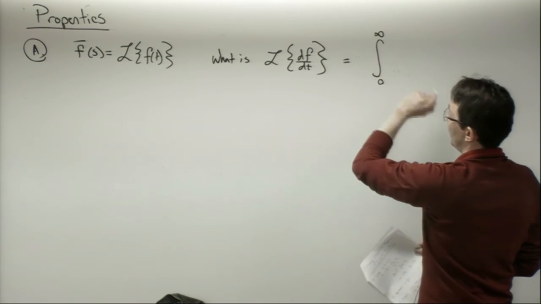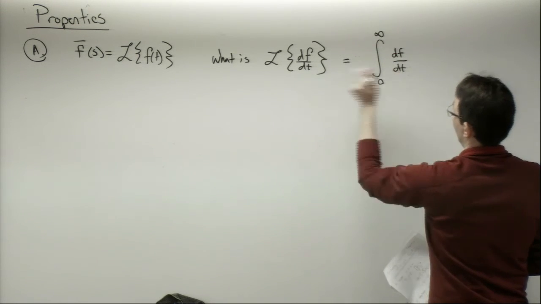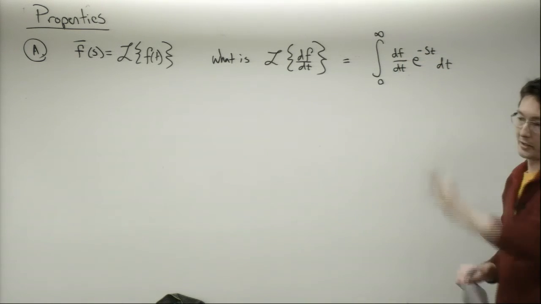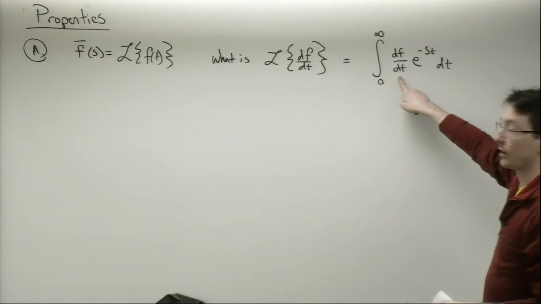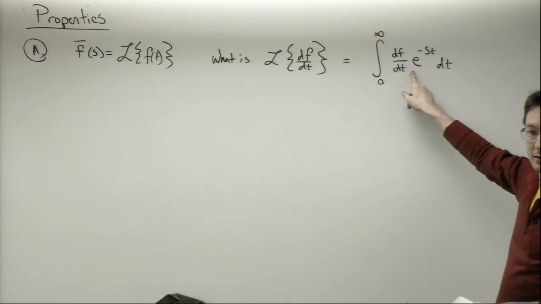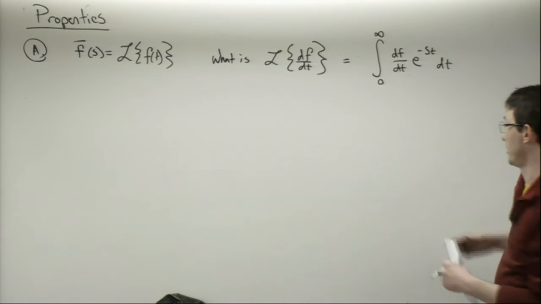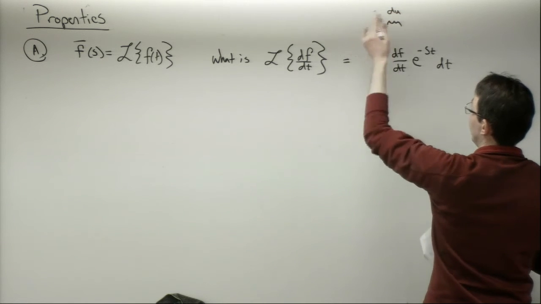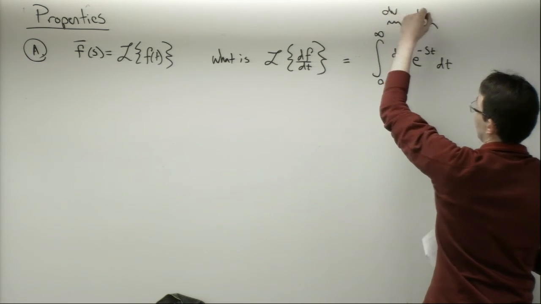Integral from 0 to infinity, df dt, the function, e to the minus st, and we're integrating with respect to time to get rid of time to go to the frequency domain. Okay, just like in the Fourier transform, how do I solve this? Integration by parts. So I say this one is dv, and this one is u.